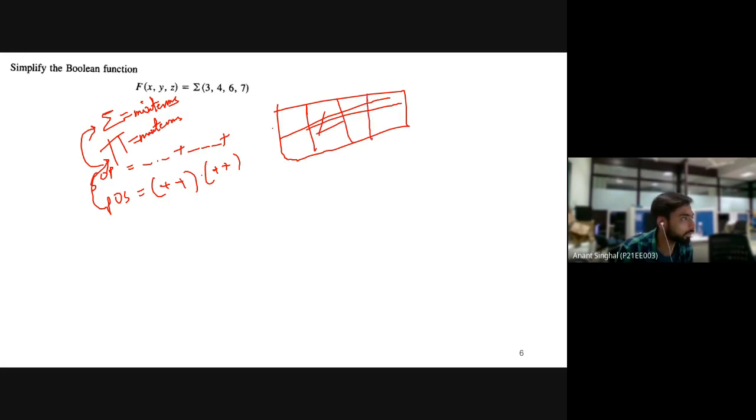Sorry for the bad handwriting. x bar, x, and this will be y bar z bar, y bar z, this will be yz, and this will be yz bar. This will be 0, 1, 2, 3. This will be 4, 5, 6, and 7. So the terms which are 1 are 3, 4, 6, 7. So that is 1, 1, 1, 1.